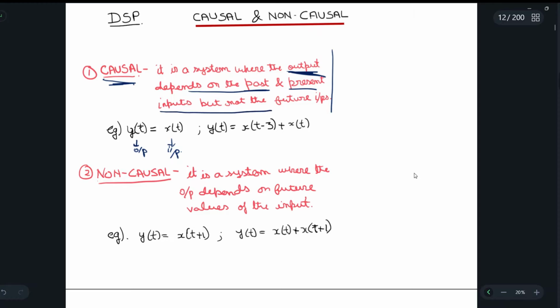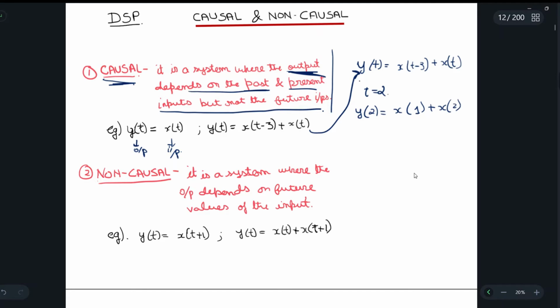not the future inputs. Suppose, for example, I have y(t) = x(t-3) + x(t), as I have written over here. Now suppose I put the value of t as 2, so I will have y(2) = x(-1) + x(2).